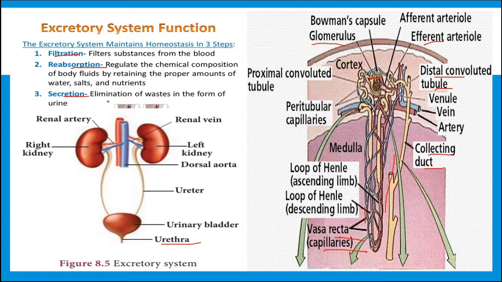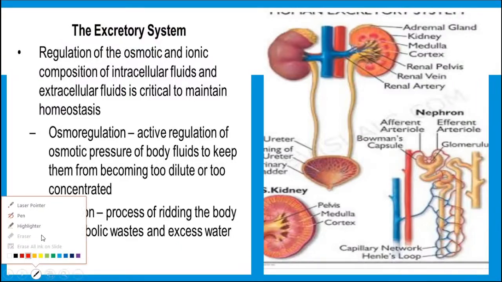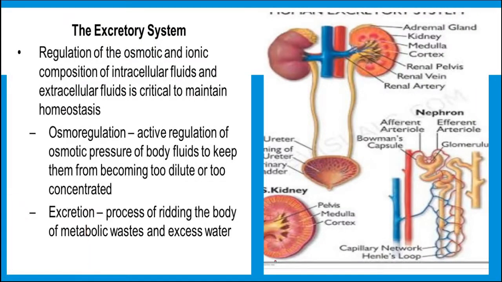Then the next step is the concentration of urine. In this slide we can see the transverse section of the kidney. The inner part is known as the medulla, whereas the outer, peripheral portion is known as the cortex, and these triangular structures are the pyramids, also known as columns of Bertini. This is the pelvis. The structure of the nephron we have already discussed.